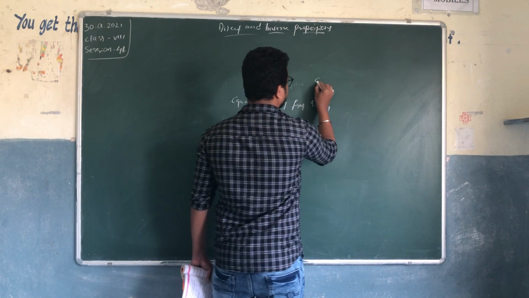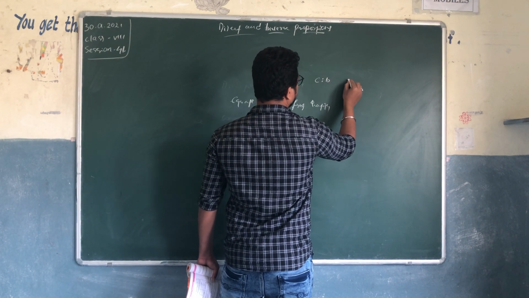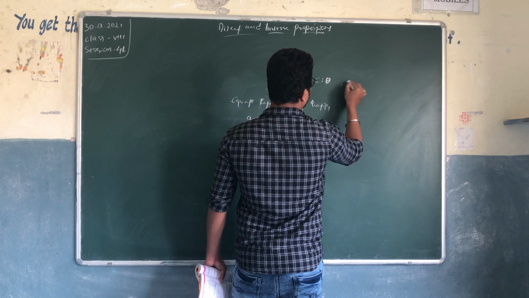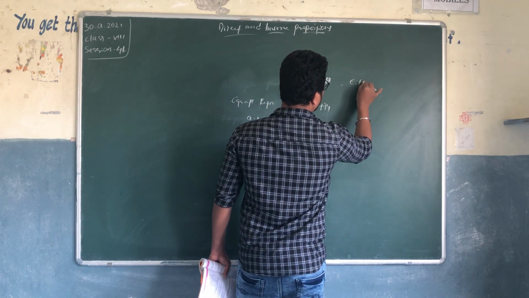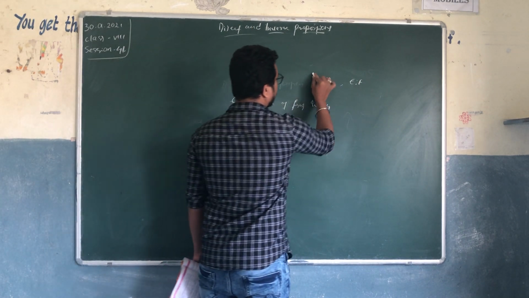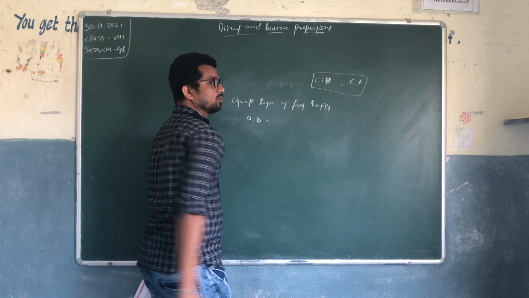The second quantity is C is to D, and the other one is E is to F. We need to find the compound ratio of these two.